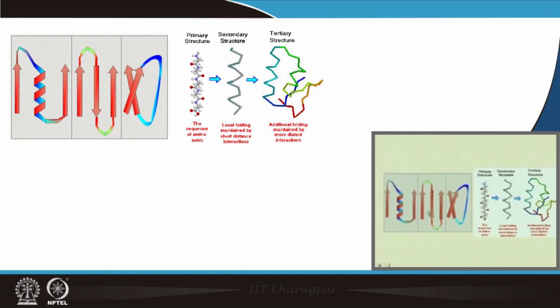Fine. If I go to the second case, what do I have? This is my amino part. It goes up, it comes down, it goes up again. So what do I have here? I have 3 beta strands that form a beta sheet. Okay?